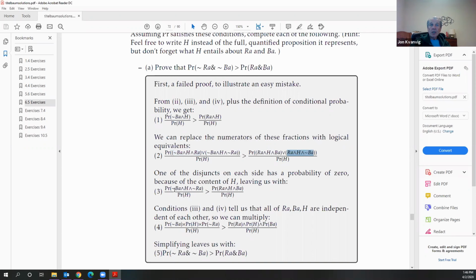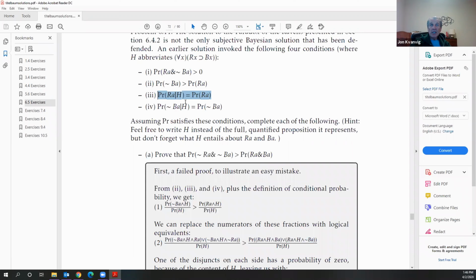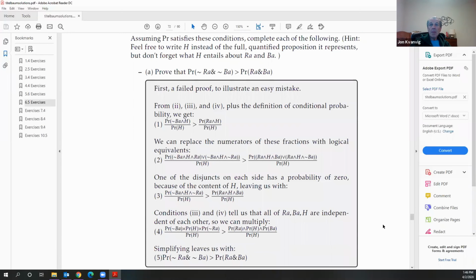So what you're left with is the probability of non-black and non-raven and H over H is greater than the probability of raven and black and H over H. And conditions 3 and 4 above tell us that all of RA, BA, and H are independent of each other. Condition 3 and condition 4 are our independence conditions.